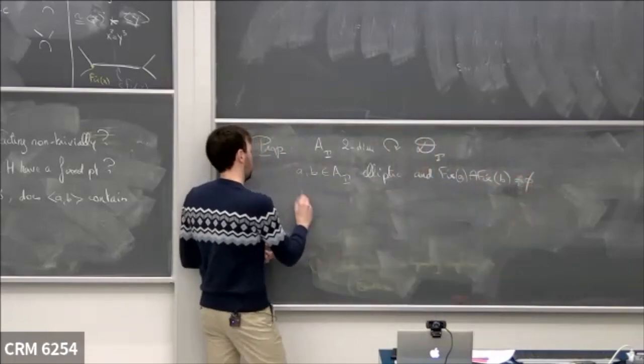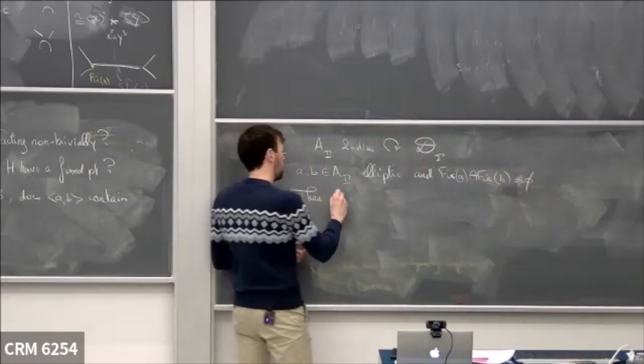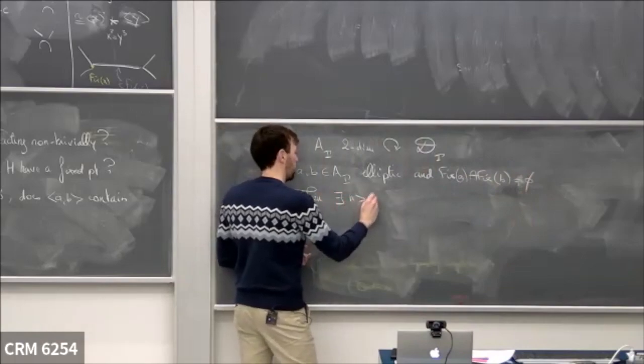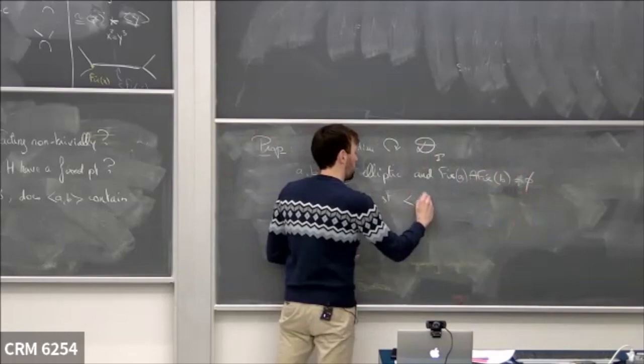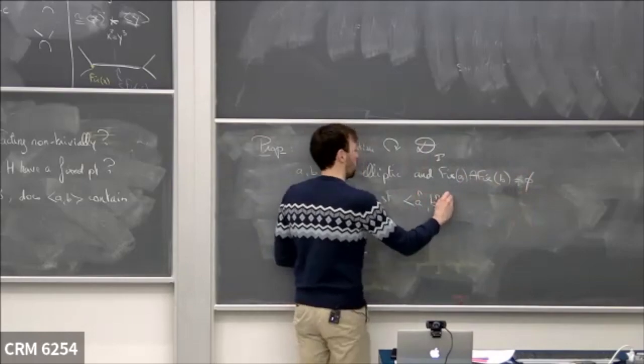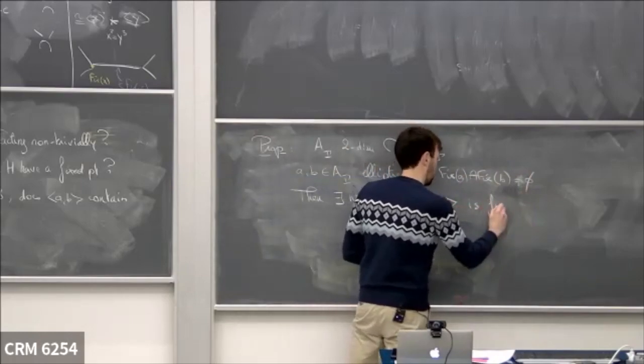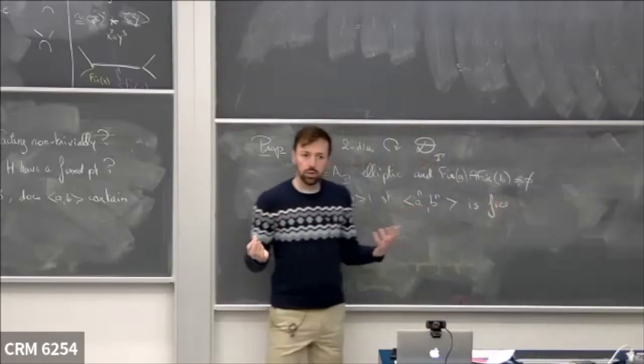Then there exists an integer n such that the subgroup generated by A^n and B^n is free.